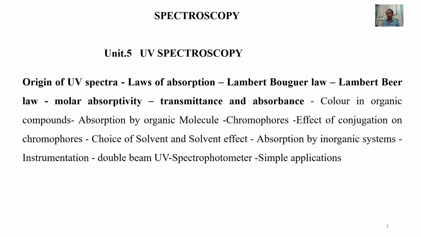UV spectroscopy is widely used for the identification and quantification of analytes in various fields. The specific wavelengths of light absorbed are characteristic of the substance, allowing for its identification and quantification.